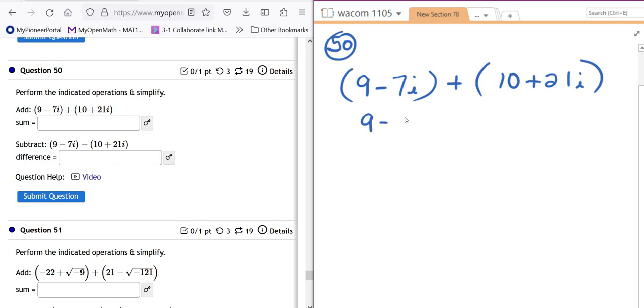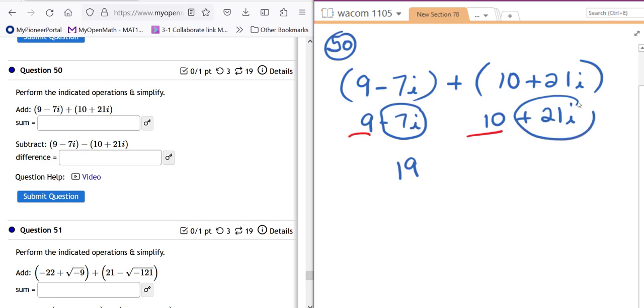Parentheses don't matter. You can take them off. And then put your like pieces together. So your 9 and 10 are going together, and that gives you 19. A negative 7 and a plus 21 will give us a plus 14, and you keep one copy of the I, just as if it were an x. 7x plus 21x.